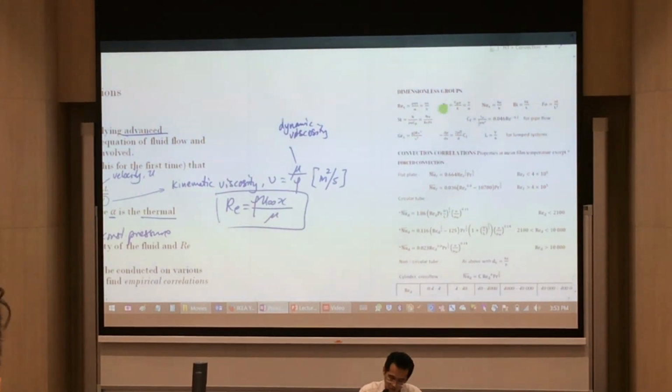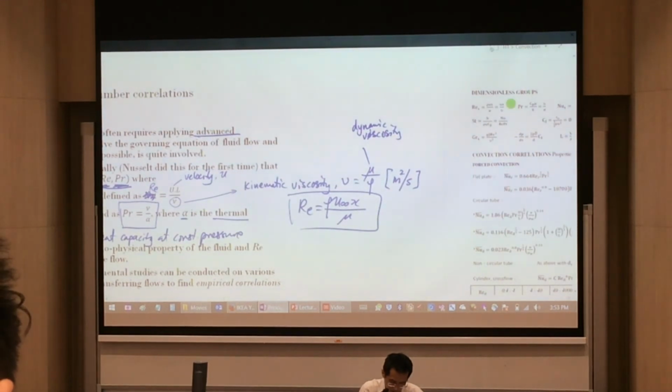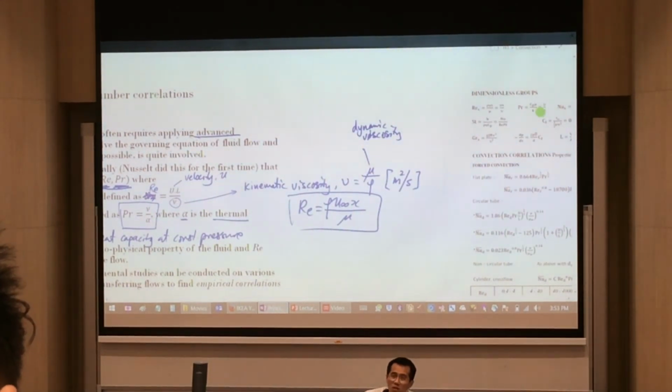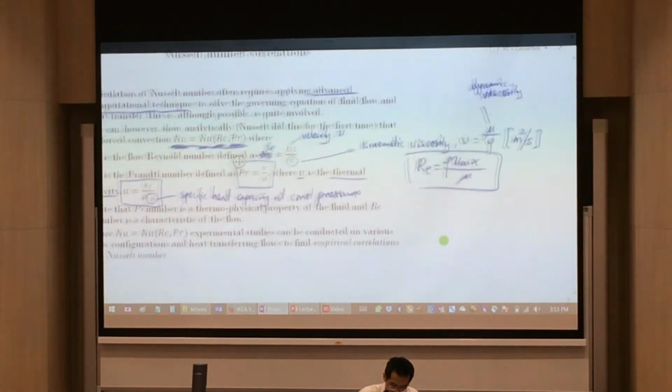Okay, so you will have to memorize that Prandtl number is mu over alpha. The print is pretty small, so make a print out and then have a close look. Some students thought that this is letter A. It's not letter A, it's alpha. This letter over here is alpha, and alpha stands for thermal diffusivity.